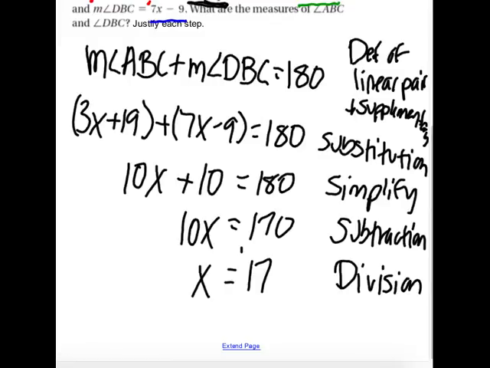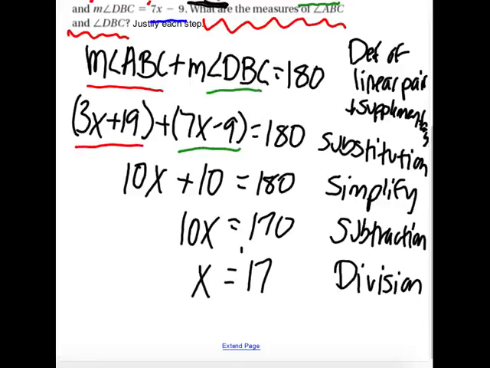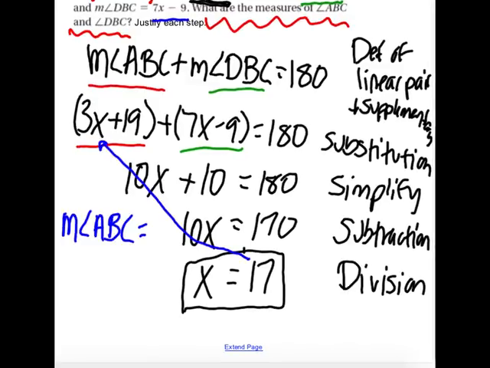Now remember, back in the problem, it asked me what are the measures of angle ABC and angle DBC. Okay, I'm going to go right here. I know ABC is this one, and DBC is this one. So I'm going to plug in my 17 for x.